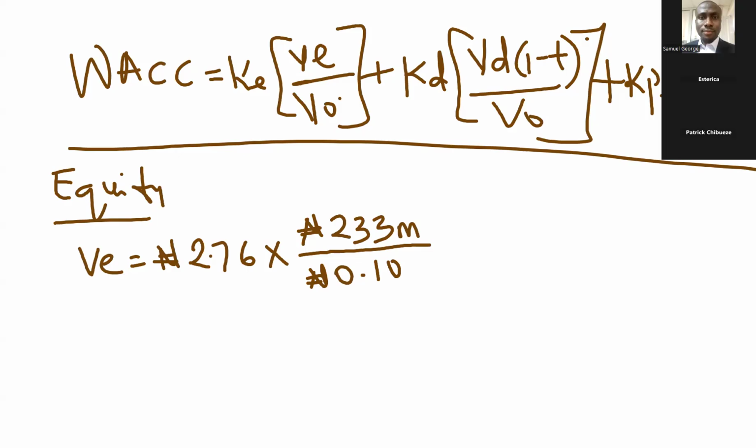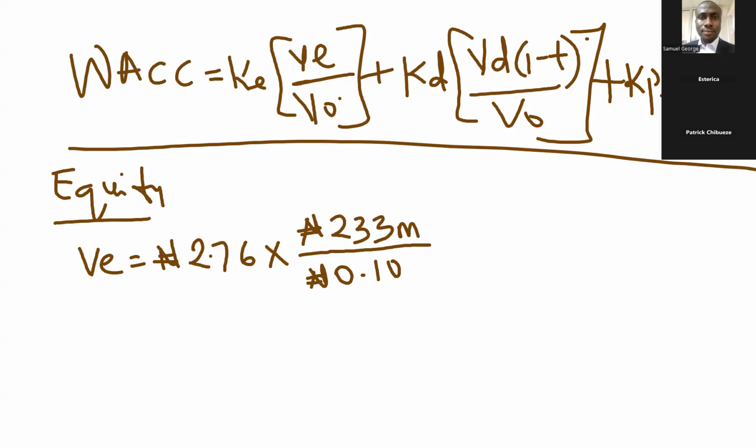Now, please note, the examiner will not give you the number of shares. They won't say the number of shares of this company is 233 million shares. What they will say is that the capital of the company is 233 million naira, one share each is 10 kobo, and that's it.